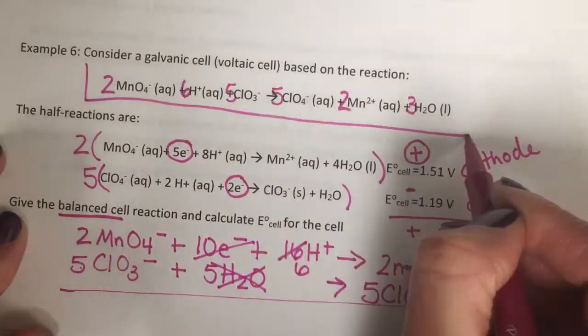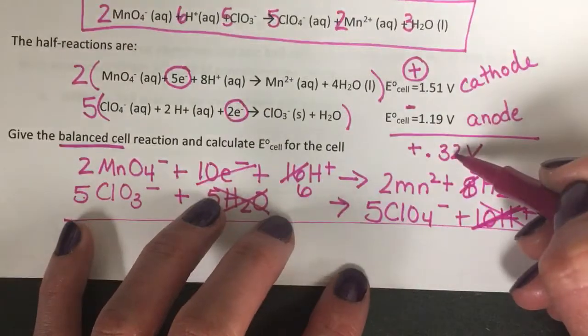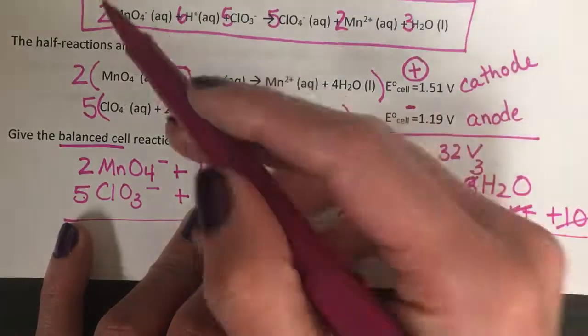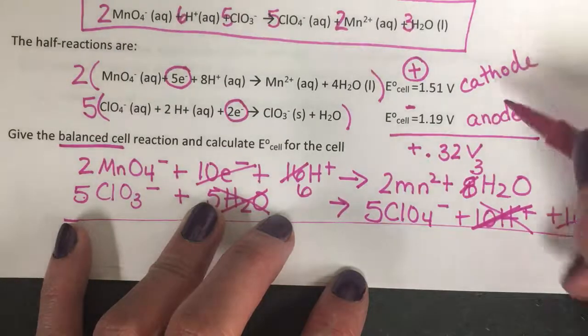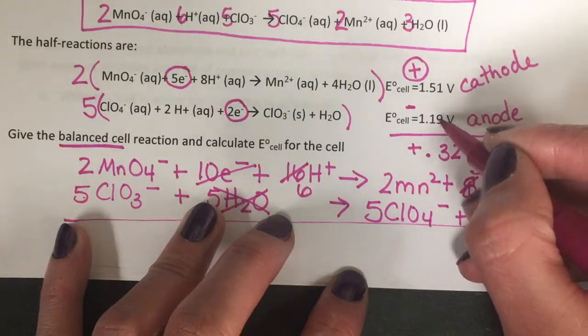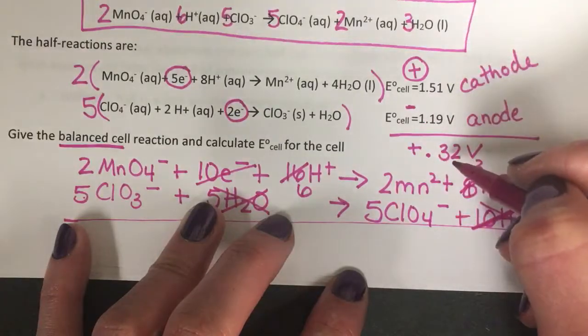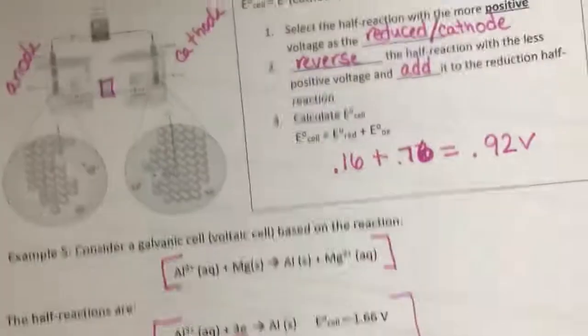So this is my complete balanced reaction. Okay? So when I calculate the cell, it doesn't matter that I've got 2 of those or 6 of those or 5 of those. Don't care. I just take the more positive one, the less positive one, change the sign, and add them together. Okay?